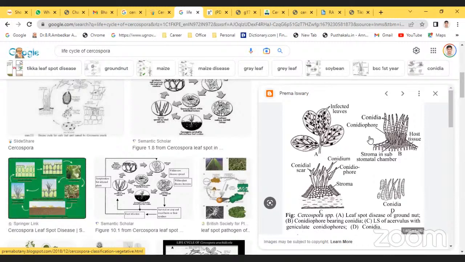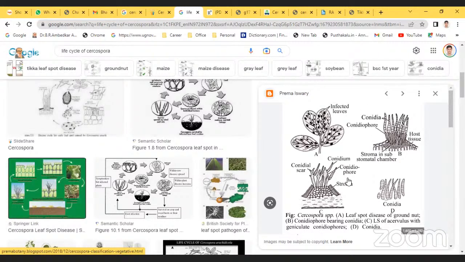Yes? Yes, sir. So this is simple, only in this Cercospora, you write your symptoms, then the cross section of acervulus. In the cross section of acervulus, you observe in the stroma in the substomatal chamber, conidia and conidiophores, unbranched.